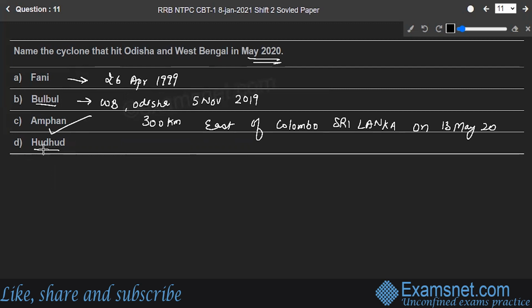Then Hudhud was a strong tropical cyclone that caused widespread damage to the state of Andhra Pradesh on 8 October 2014. The highest wind speed here was 215 km per hour. The word hudhud came from the Arabic and refers to the hoopoe bird. So we have option C as the correct answer to this question.